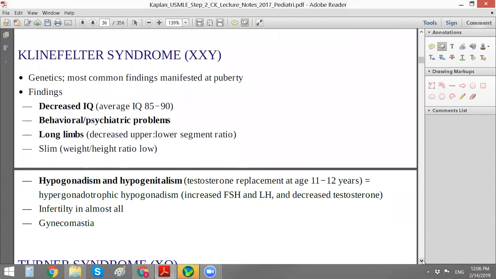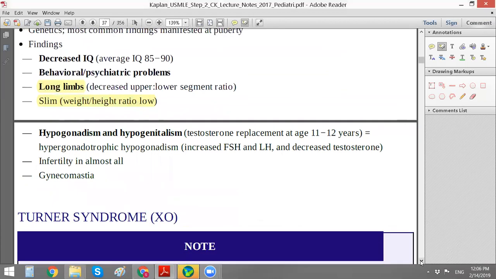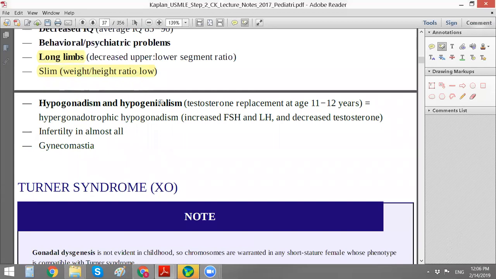Then we have Klinefelter syndrome, XXY. This is most commonly manifested at puberty. IQ is decreased and there are behavioral psychiatric problems. Long limbs are characteristic. Slim, so the weight to height ratio is low. Hypogonadism, hypogenitalism.